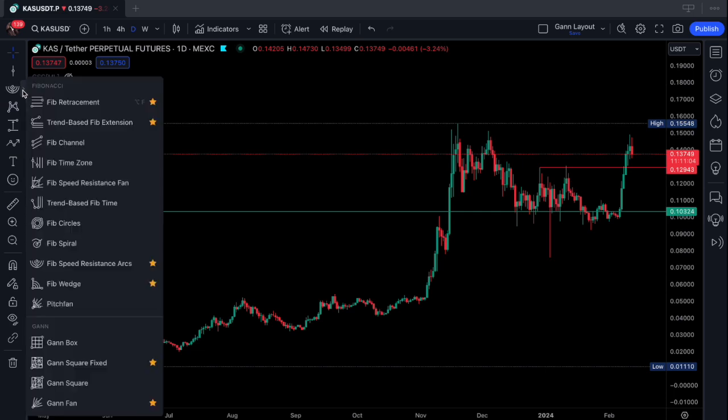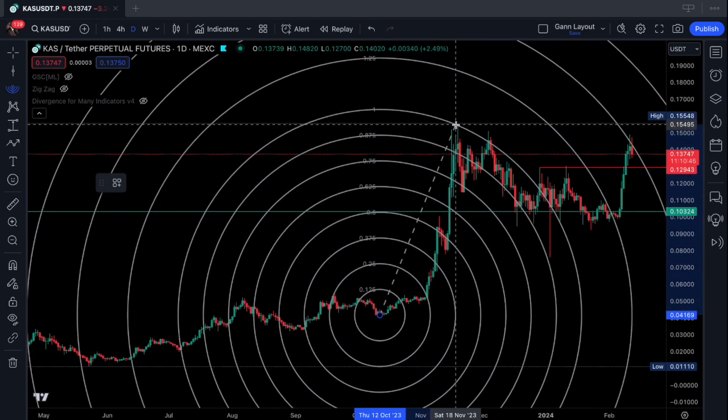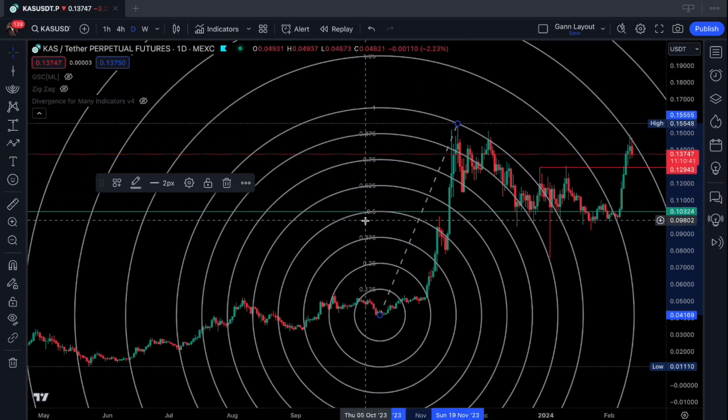Now let's introduce the tools. I primarily use two tools. First tool is the Fib speed resistance arcs, and the second tool is the Fib wedge. Let me just show you my setup. Let's click Fib speed resistance arcs. This is my setup. It's a custom setup.